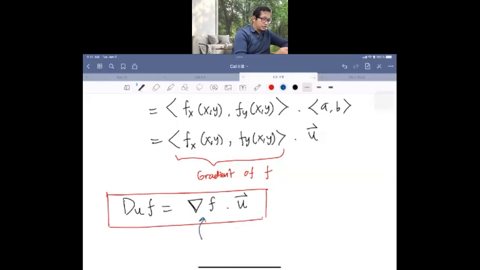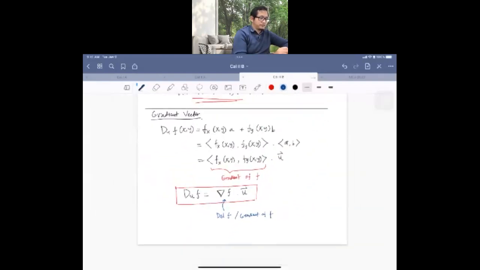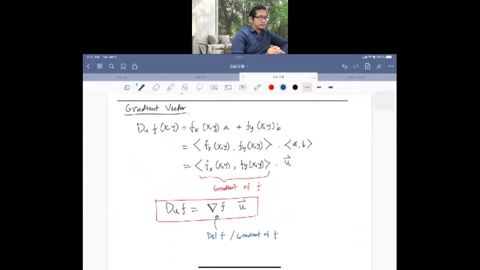Sometimes we call this del f or gradient of f. So that's the connection. Nothing really fancy, nothing with more complicated definitions.